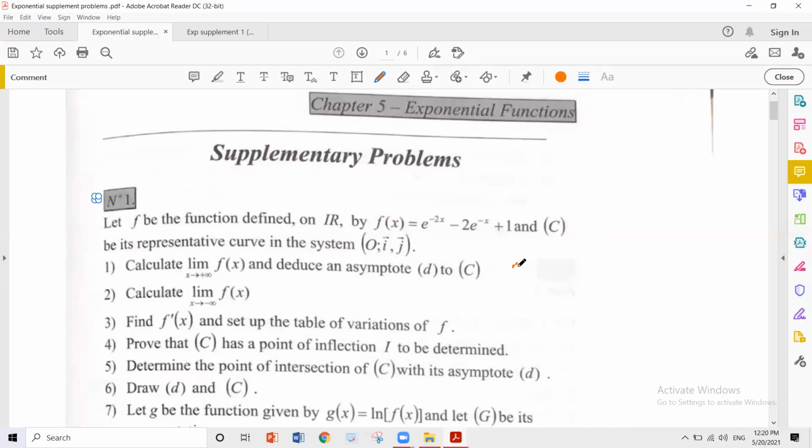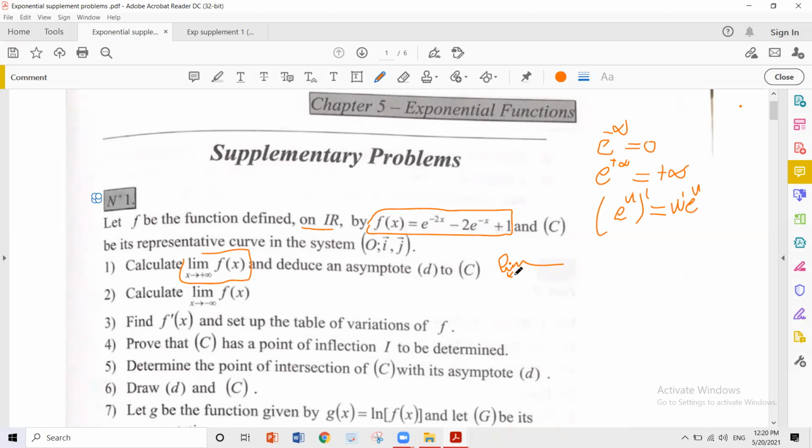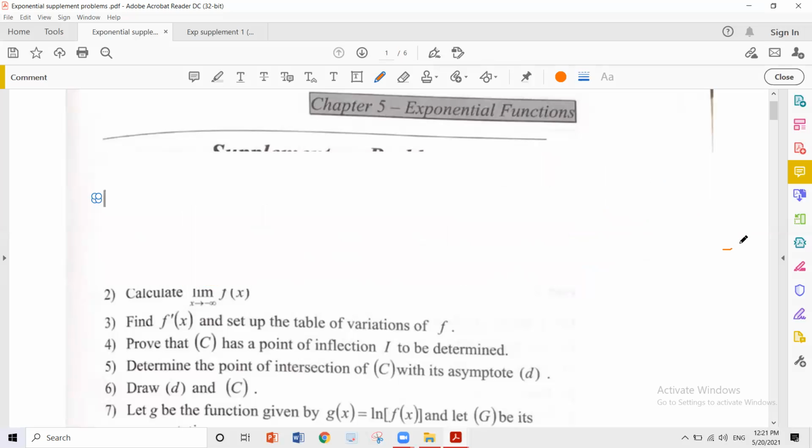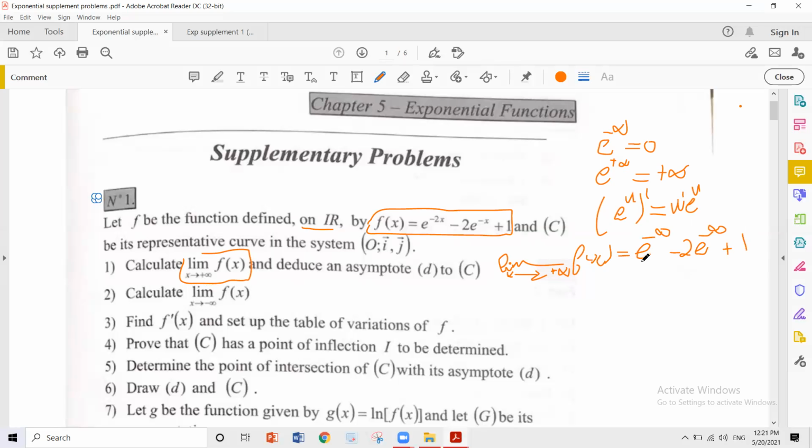So the limit as x tends to plus infinity of f(x) equals e to the minus infinity minus 2e to the minus infinity plus 1. What will be the limit? 0 and 1. So 1.